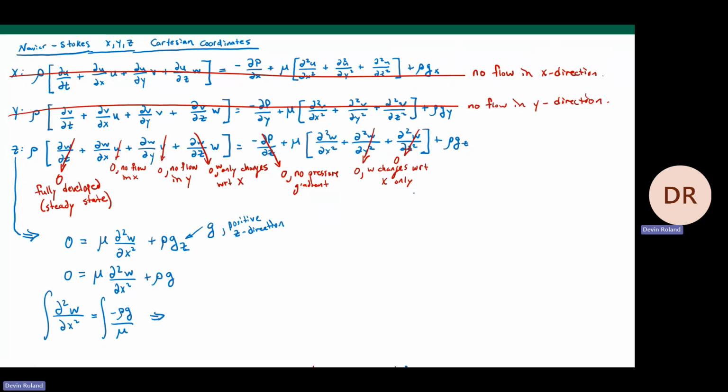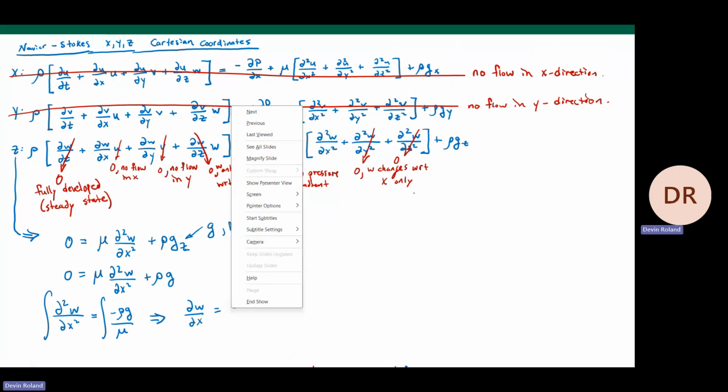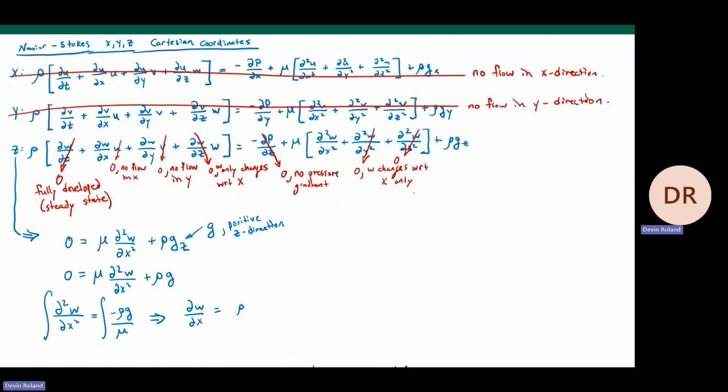Let's integrate both sides. That's going to give us dw dx equals negative rho g over mu x plus c1.